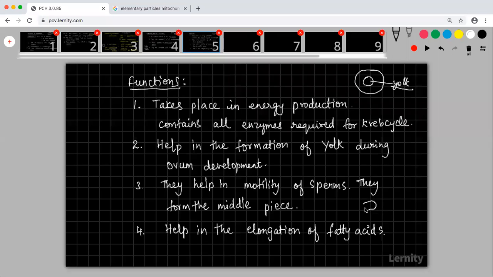A sperm cell will have three parts. The central part here is called the middle piece. This middle piece is made up of mitochondria. Okay, with this we are done.